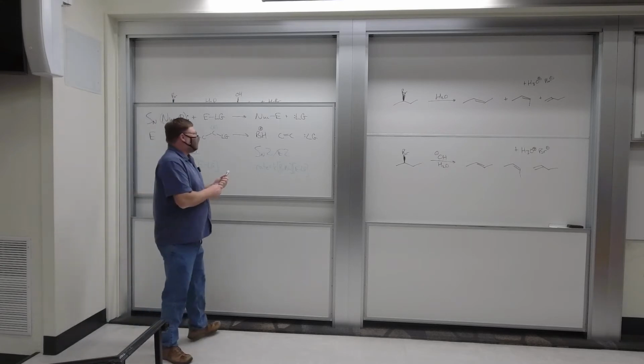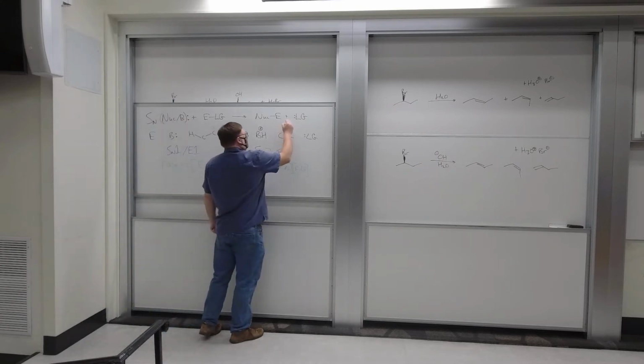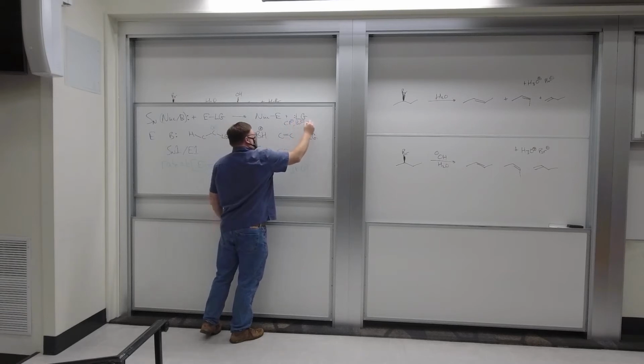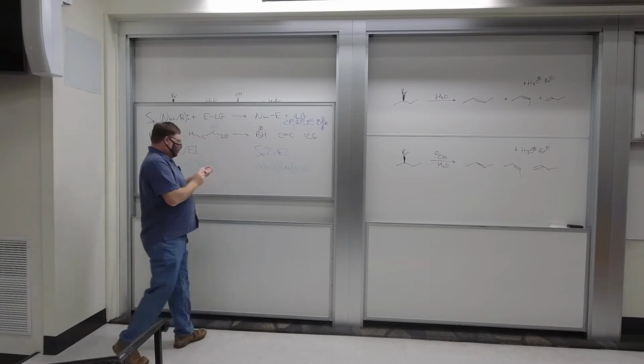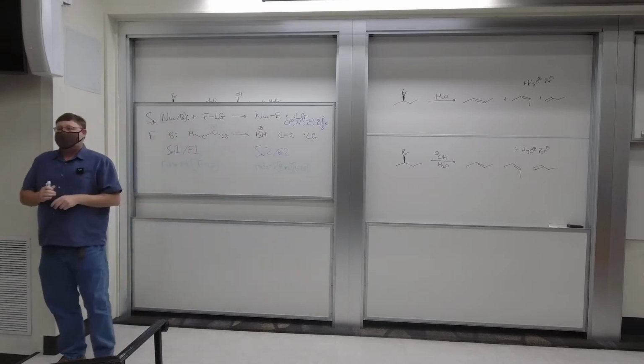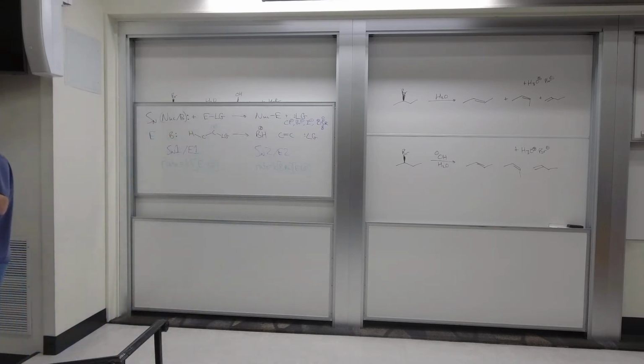This leaving group, chloride, this is the easiest thing. The leaving group is the easiest thing to memorize here. The leaving group is going to be chloride, bromide, iodide, or a sulfonate ester, an O- bonded to an SO2.